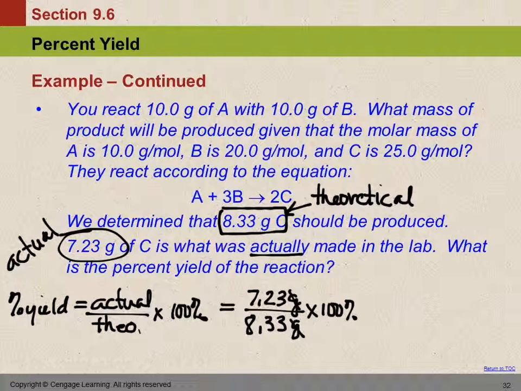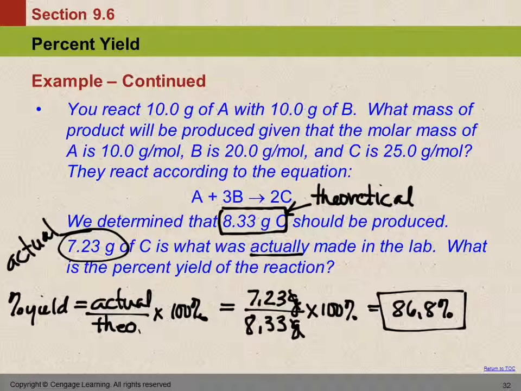A percentage has the unit percent. It doesn't have anything else going on there. So we get out our calculator, and we take 7.23 divided by 8.33 times 100, and we get 86.8%. And that is the percent yield. That means that if you set out to make 100 grams of C, you'd actually end up with 86.8 grams of C.